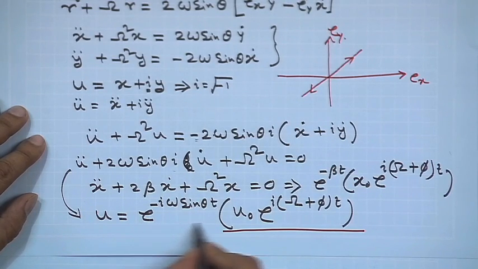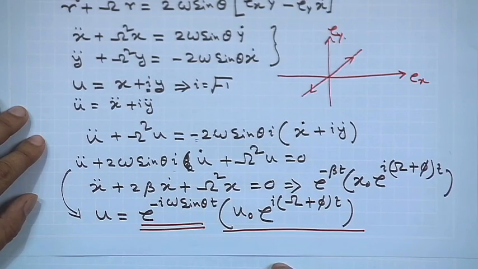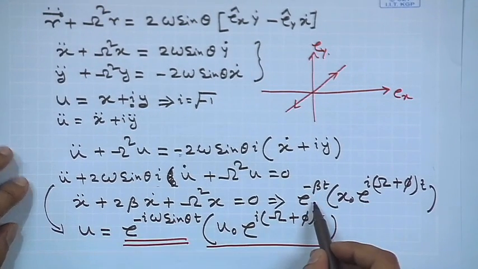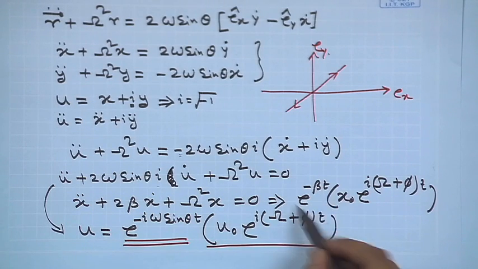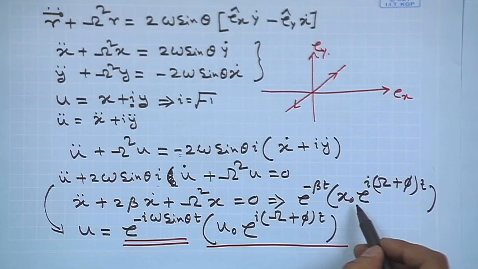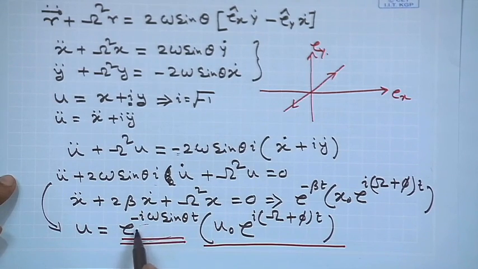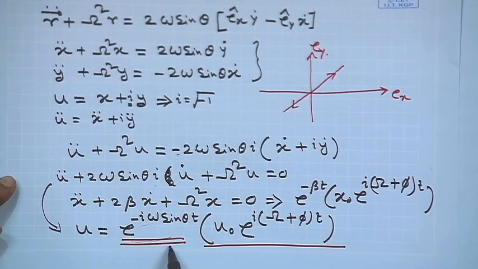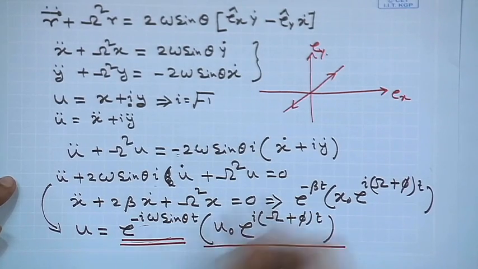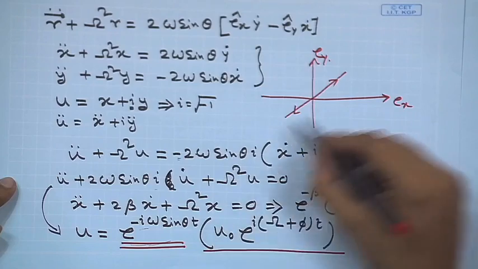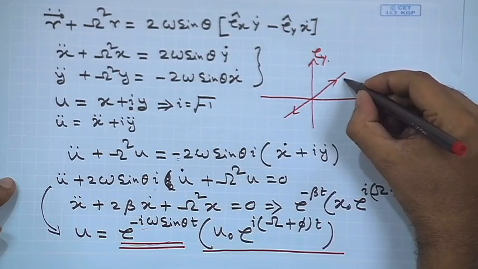Now, what does this additional term imply? If you compare with this standard solution for damped oscillation, e to the power minus bt is just a damping term which will cause gradual damping of this amplitude. But here, because of the presence of this i, this is not a damping term anymore. This is also an oscillating term. So, this oscillating term represents an oscillation of this whole thing, that means oscillation of the plane of the pendulum in a particular direction.